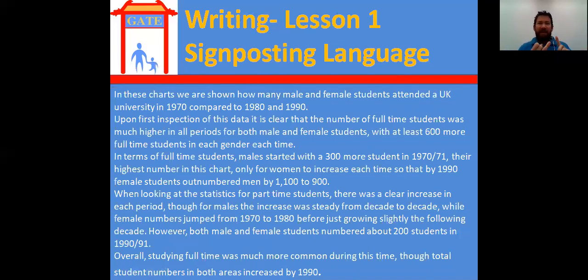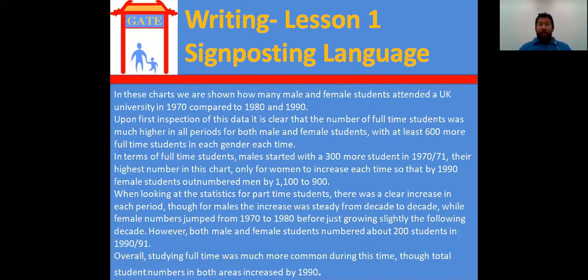So even things like and, but, so, because, these are conjunctions, we call them, but conjunctions are a small part of your signposting language. Okay. However is signposting language. And in the last paragraph, overall is signposting language.